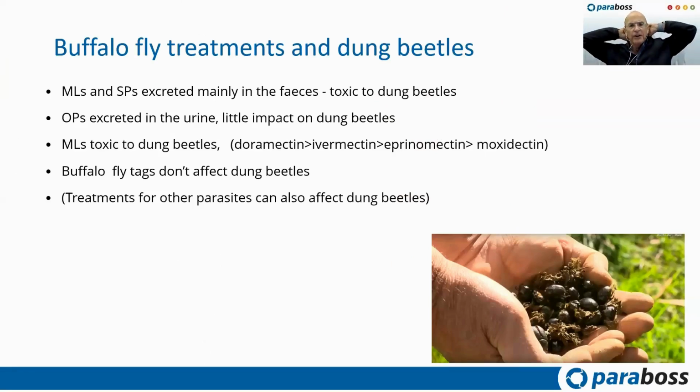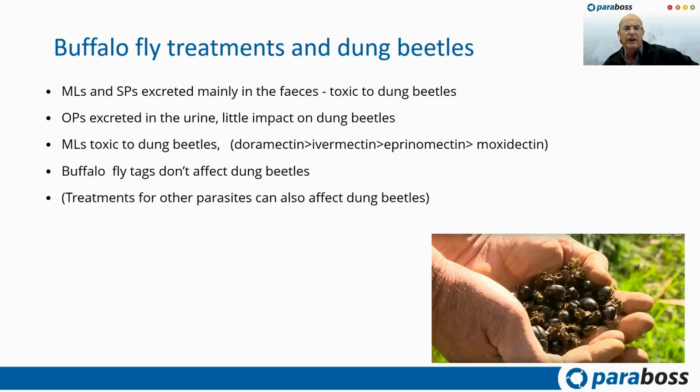If you have got dung beetles, you need to be a bit careful with your buffalo fly treatments because some of them can have quite a toxic effect on the dung beetles, particularly the macrocyclic lactones and SPs, which are secreted mainly in the feces. OPs are less damaging because the OPs are secreted in the urine, and they have less effect on the dung beetles.